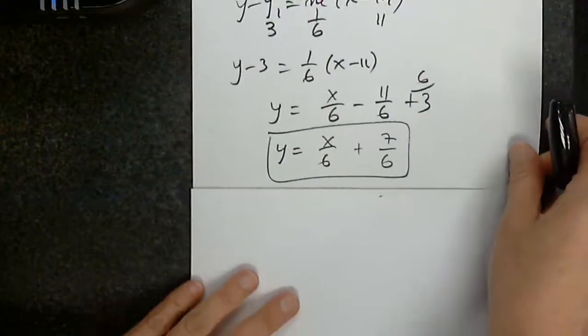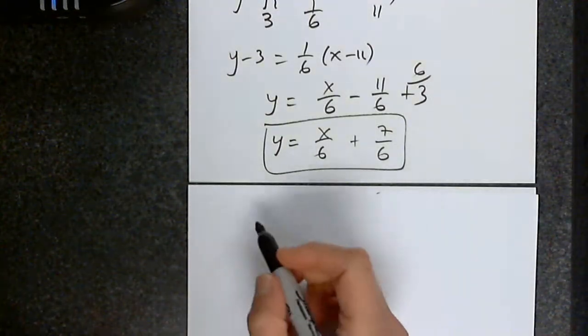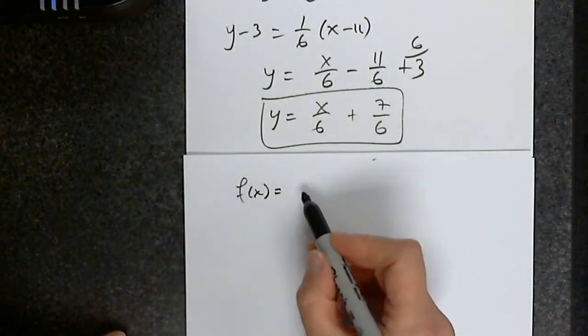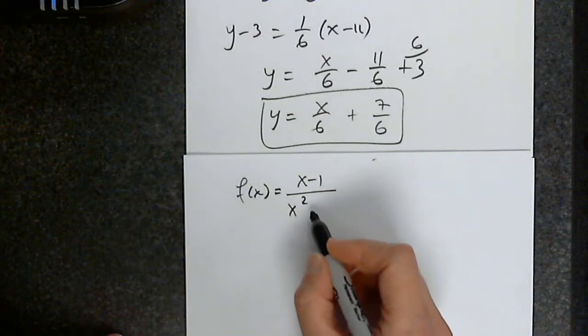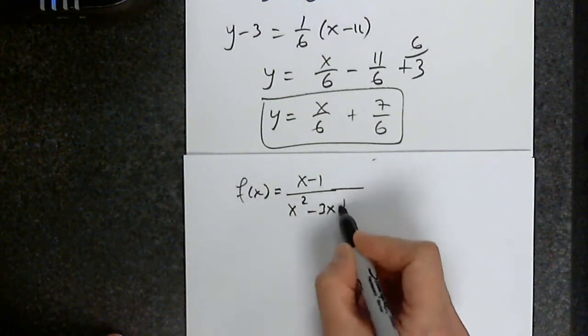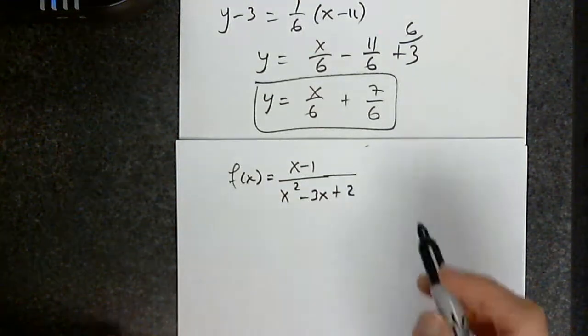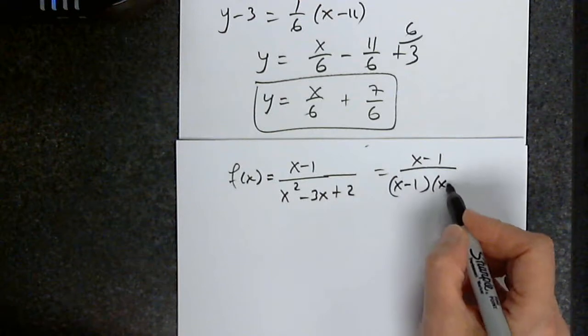Okay, what does it say? Find horizontal and vertical asymptotes of the function, including the pertaining limits. F of x equals x minus 1 over x squared minus 3x plus 2. Good. So this is x minus 1 over (x minus 1)(x minus 2).